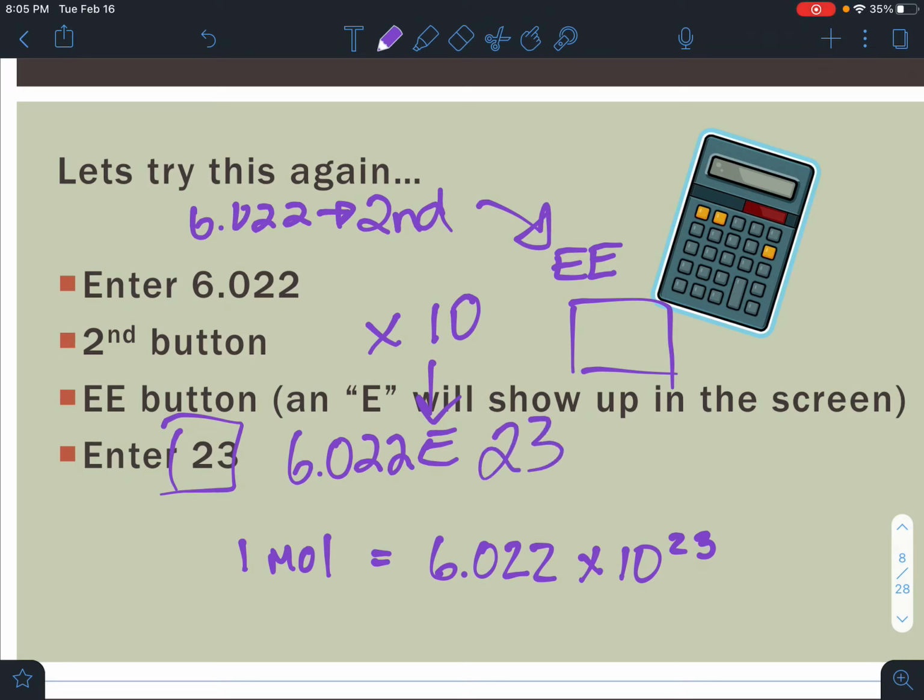Sometimes your calculators will give you your answers with this E in there, and you do want to convert that back to writing out times 10 in your answers. So when you type it in, find that EE on your calculator and be sure to be typing the number in properly.